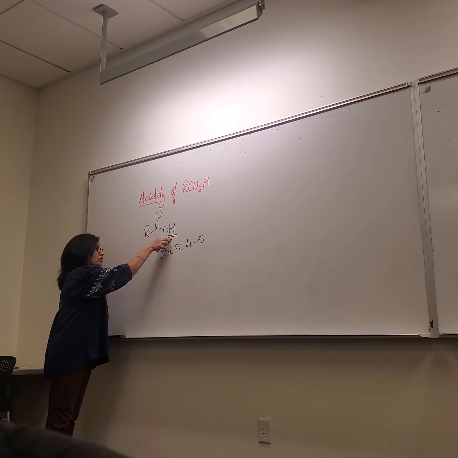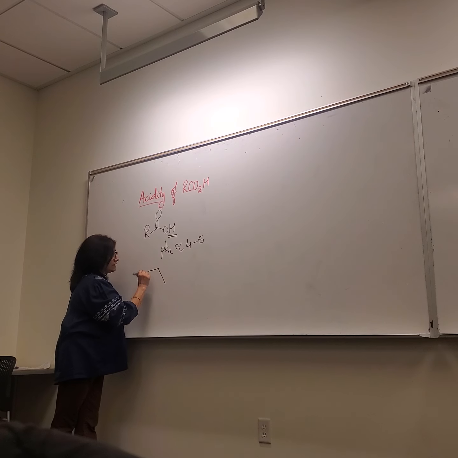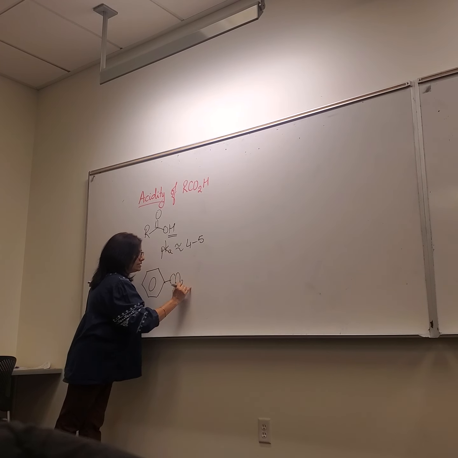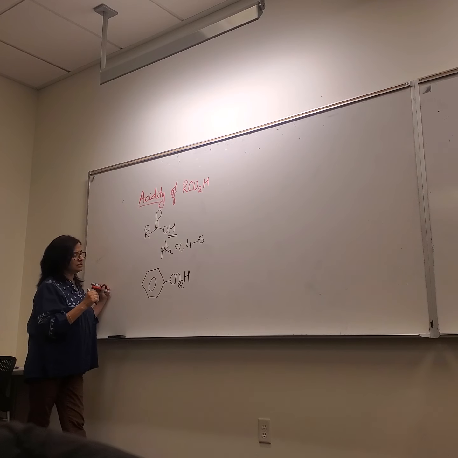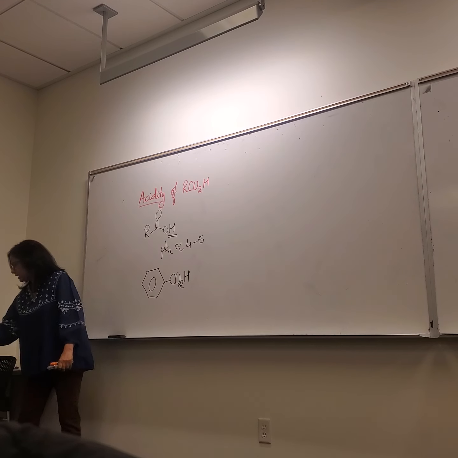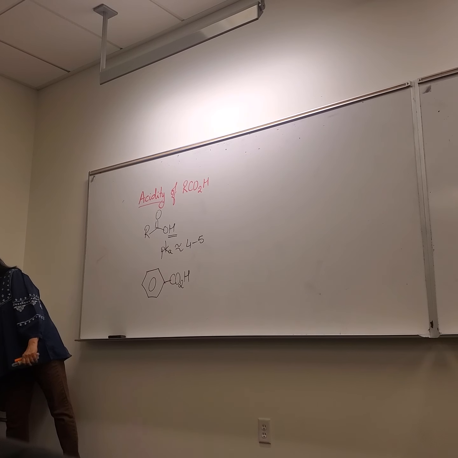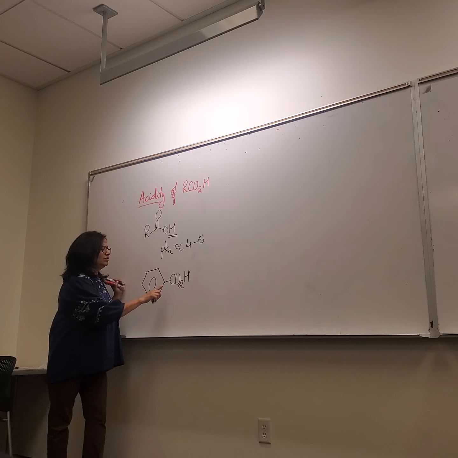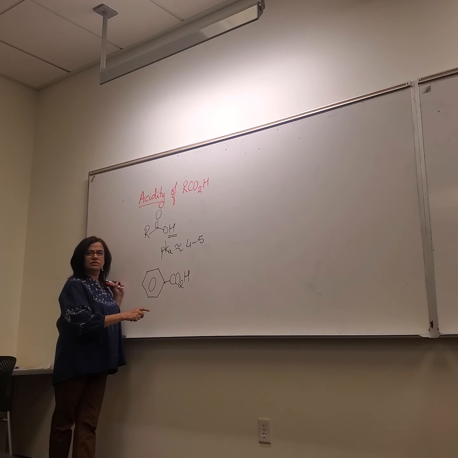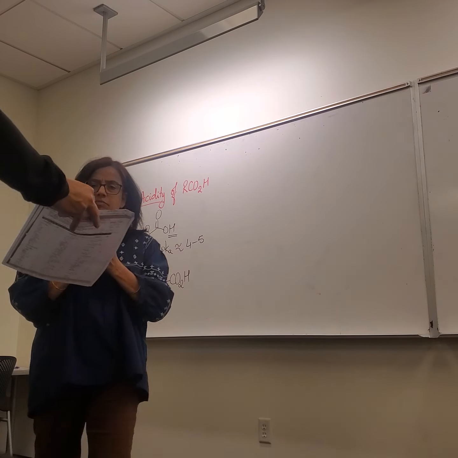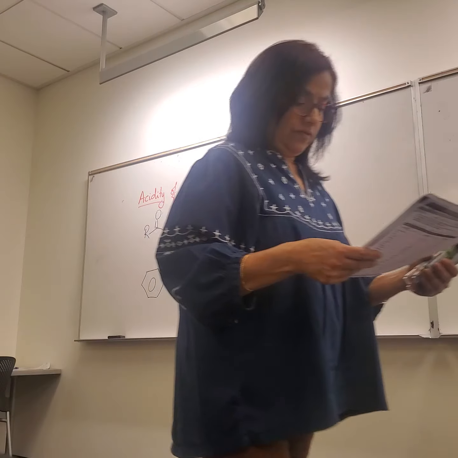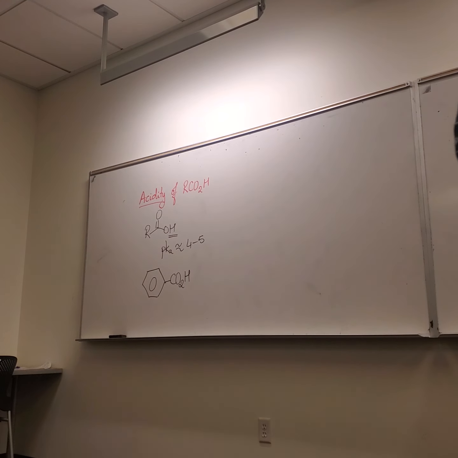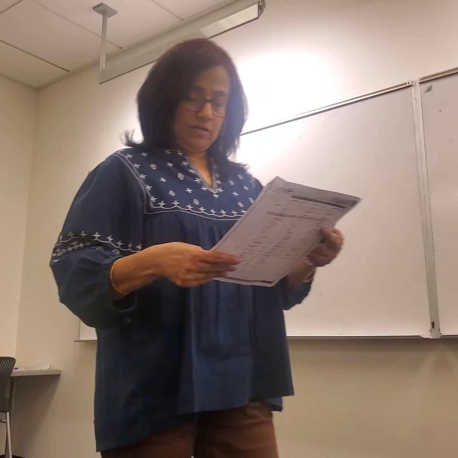Those are way stronger. Benzoic acid, I'm trying to remember, its pKa is, does anybody have their pKa tables? Can someone tell me what is the pKa of benzoic acid? It should be here.